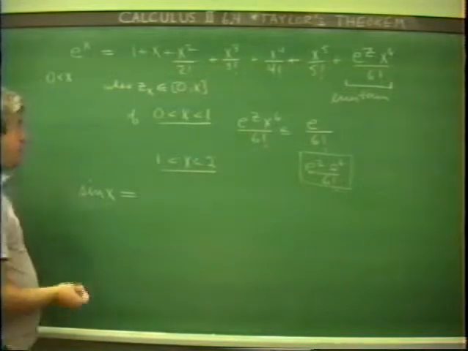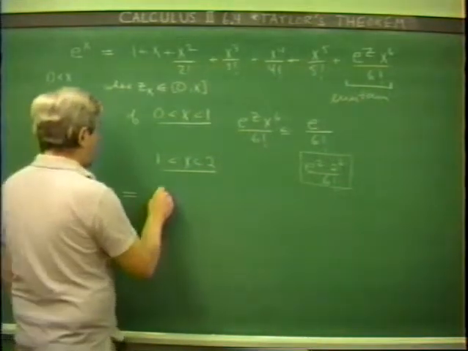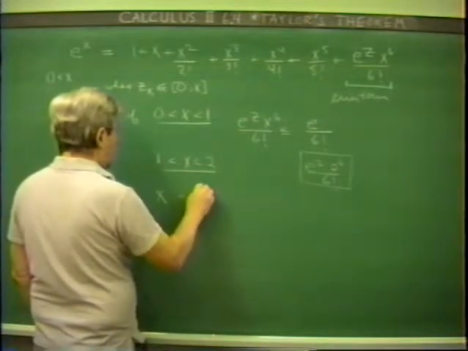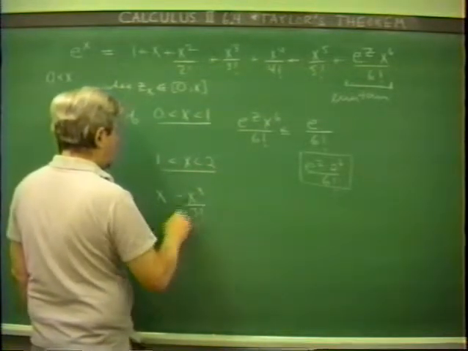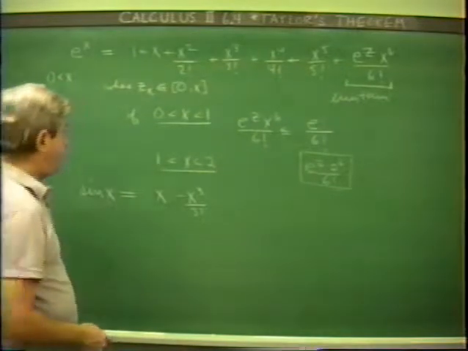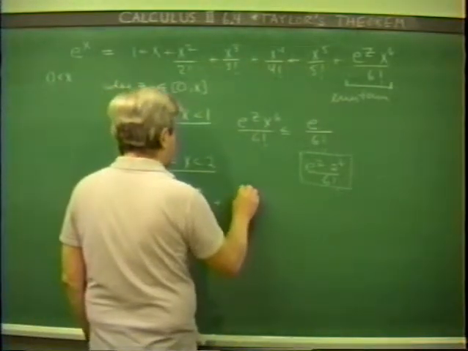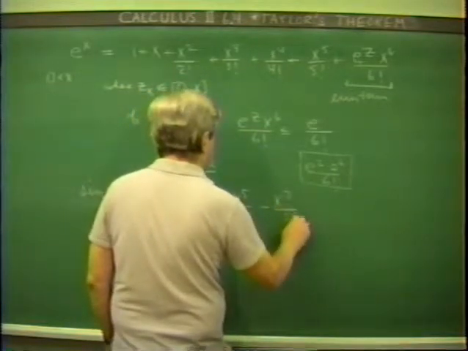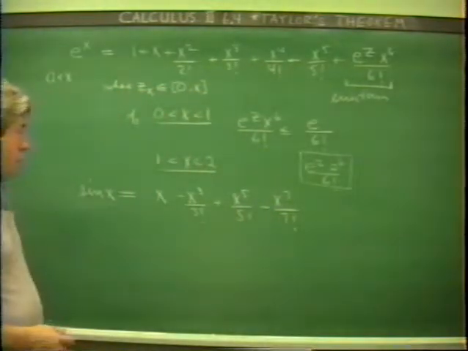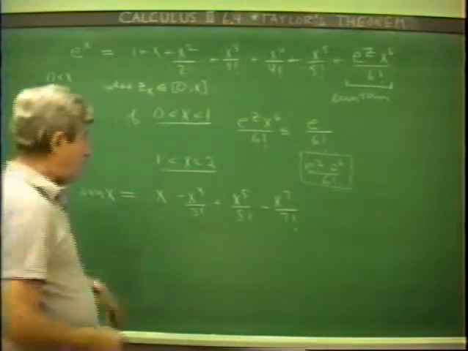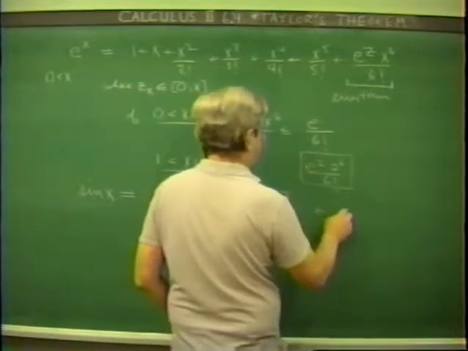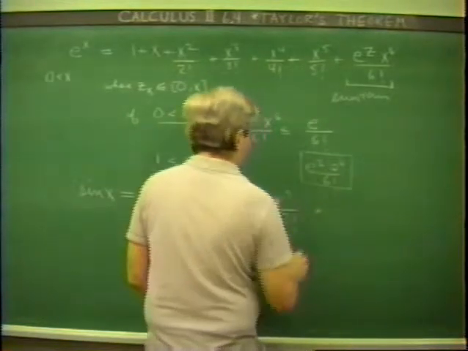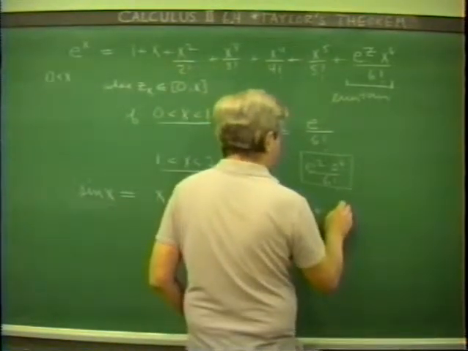Sine x. That's approximately equal to its Taylor series, but it's exactly equal to x minus x cubed over 3 factorial plus x to the 5th over 5 factorial minus x to the 7th over 7 factorial. Let's stop there at the 8th term here, and then let's look at what we want here.